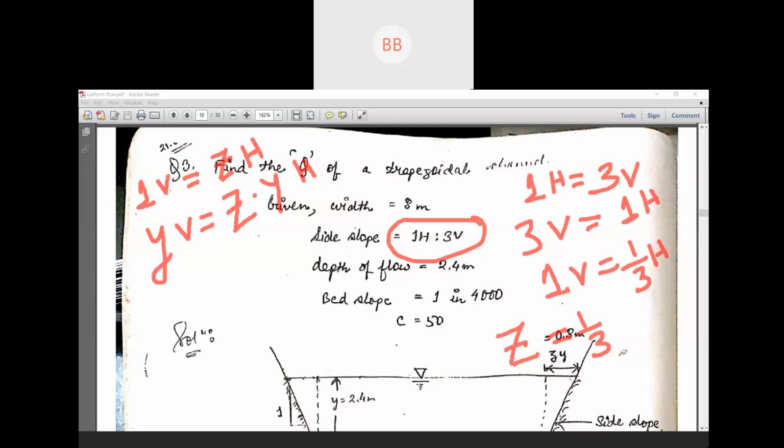So this distance is your ZY. Z is 1 by 3 and Y value is already known to us. It's given, that is your 2.4. So if you multiply these two, you will get this portion.